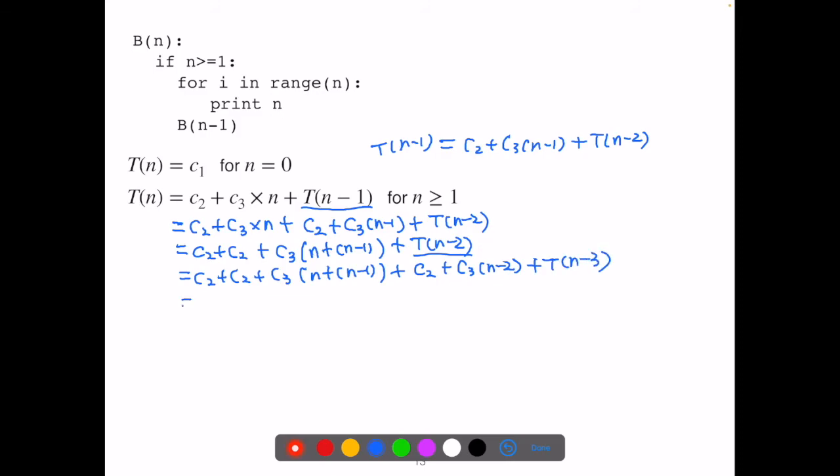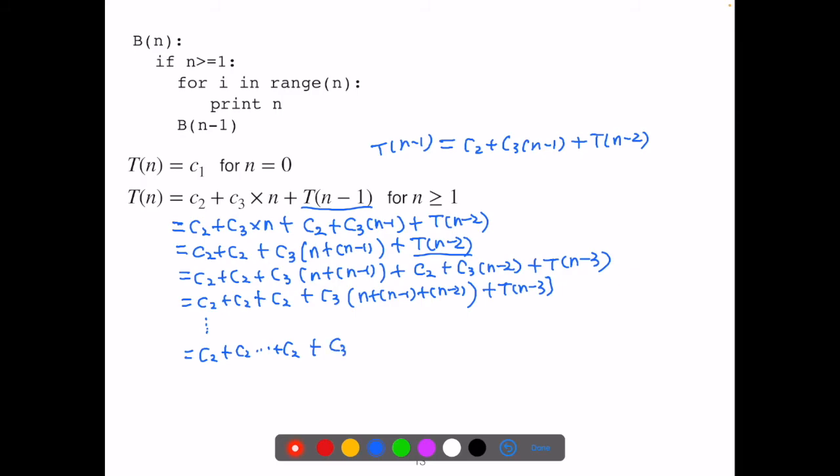That'll give us C2 plus C3 times n minus 2 plus Tn minus 3. We can rearrange a little bit. We have a bunch of C2s, and we have C3 times n plus n minus 1 plus n minus 2. So if we just keep writing this, in the end, we will get a bunch of C2s, and we'll decide how many C2s we have.